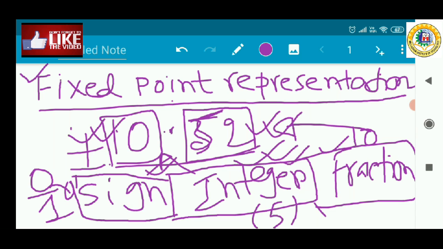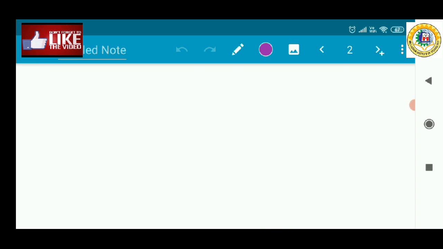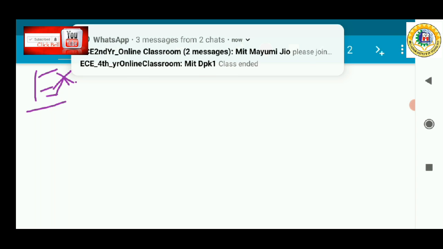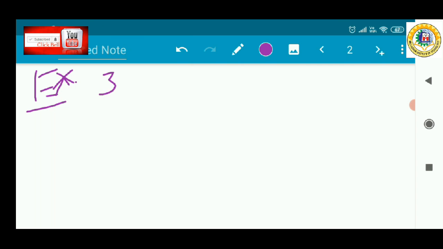The first field is the sign field, the second field is the integer field, and the third one is the fractional part. Suppose this is a number. I am going to represent the number in a 32-bit format. So the example is, assume the number is in 32-bit format, and we reserve 1 bit for sign.